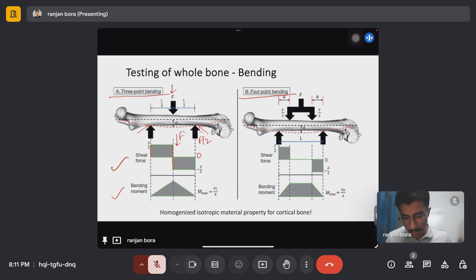And this is a bending moment diagram. At this point the bending moment is 0, and at the midpoint, that means at the point where the force F is acting, the bending moment is maximum. And the magnitude of this maximum bending moment is FL by 4.